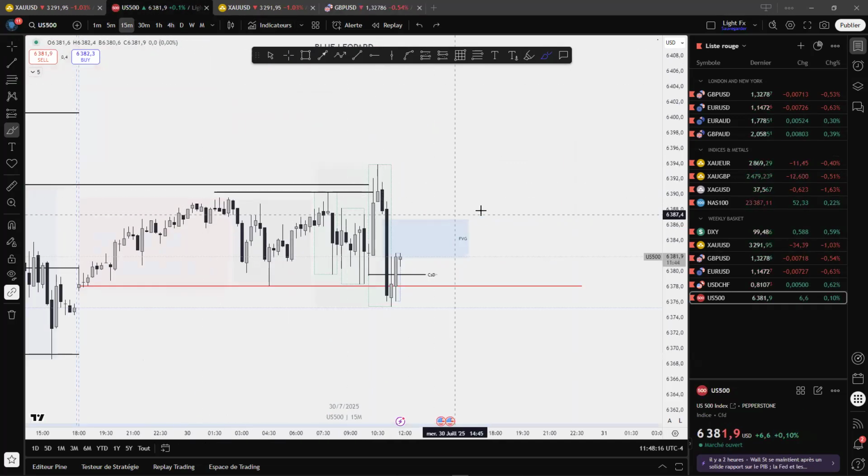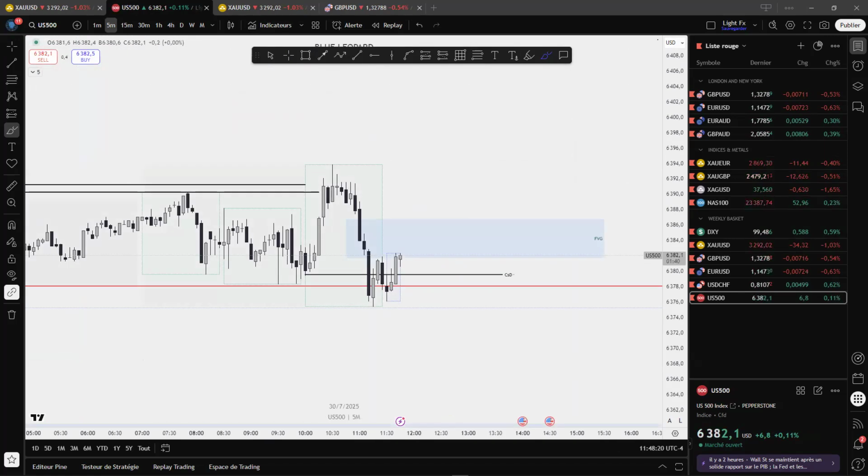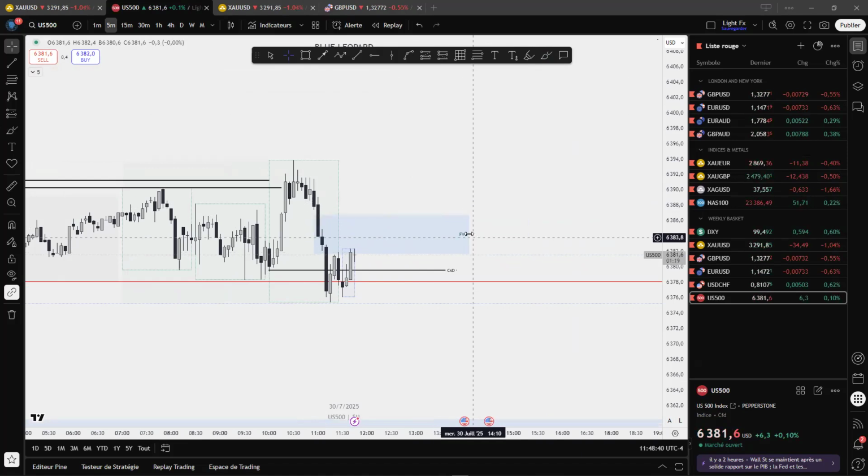Let's go back on US 500. This is a live example we are taking here. Okay, we have this fair value gap now forming on M15, and if my call ends in 8 minutes, I will send another link. Now we can take a live trade on S&P 500, on US 500, with you guys.